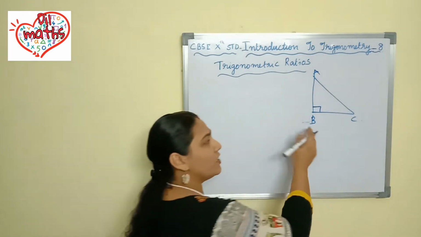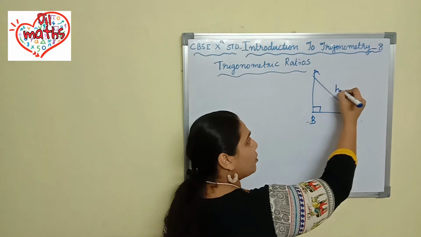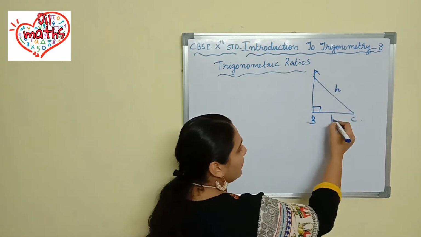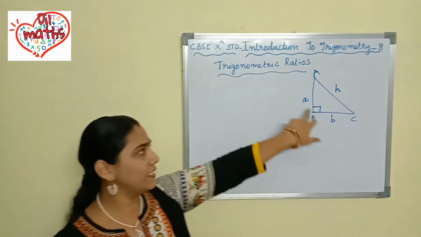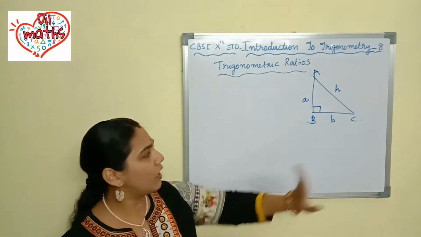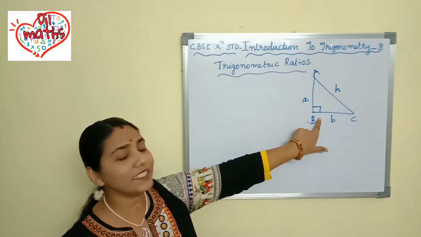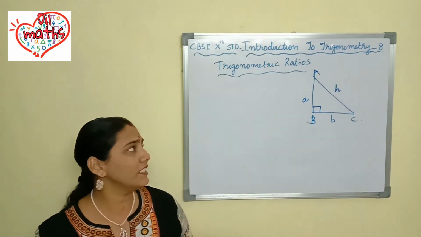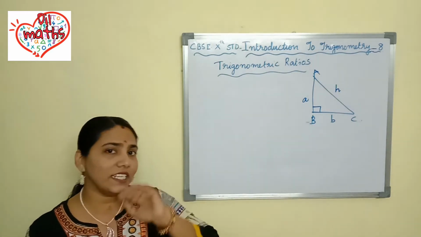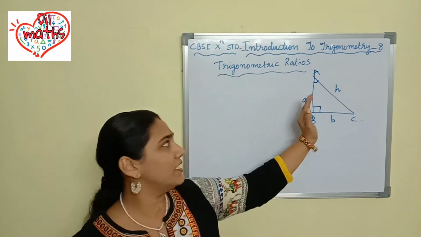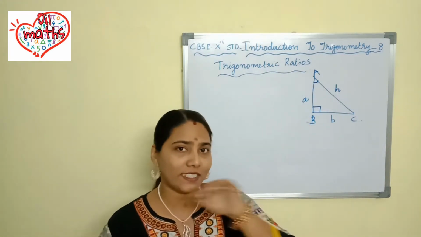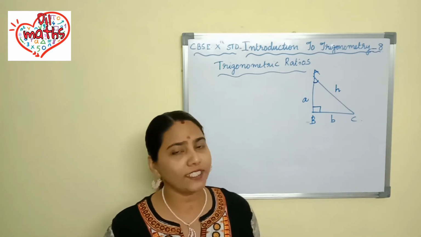Okay, so here you can see this is the hypotenuse, this is the base, and this is the altitude. Now I told you that B is 90 degrees here, and here I am going to take angle A. So with respect to this A, I am going to say what is the adjacent side and what is the opposite side.